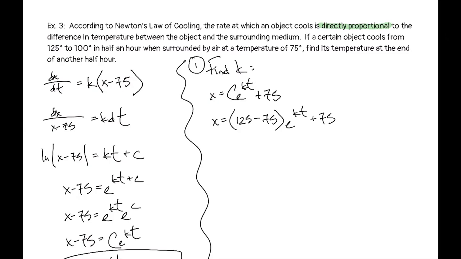That means our C is not 125, but our C is 50. So if we go ahead and use our initial conditions or think about some of the other values we have, we know that it goes all the way to 100 in half an hour. Okay.